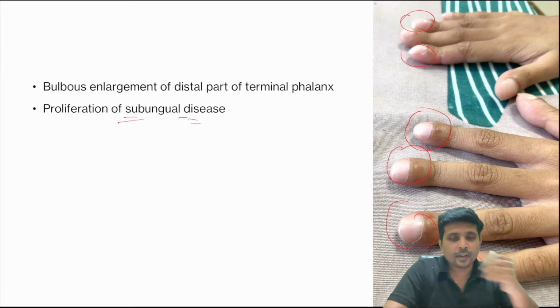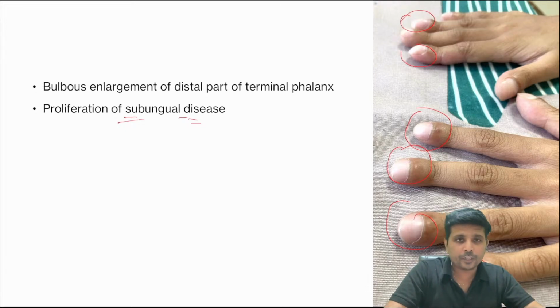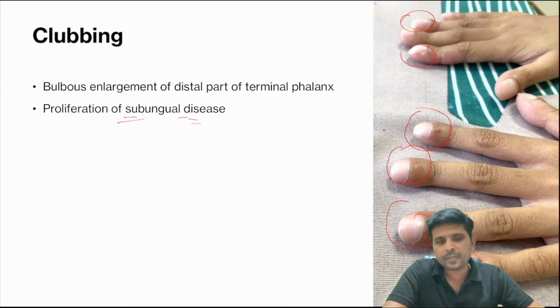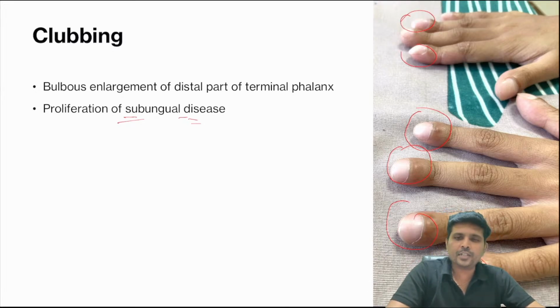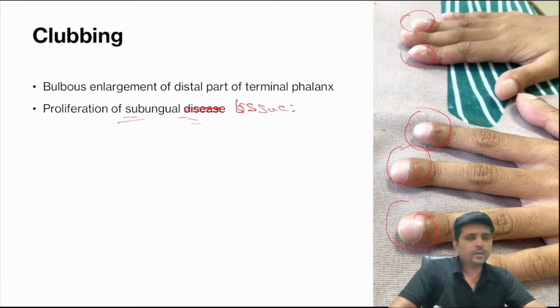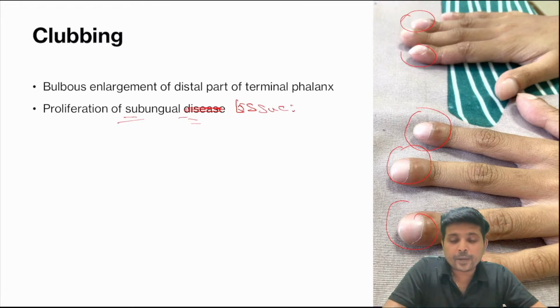Clubbing means bulbous enlargement, and the second point is proliferation of subungual tissue. But before that, what are all the stages of clubbing?